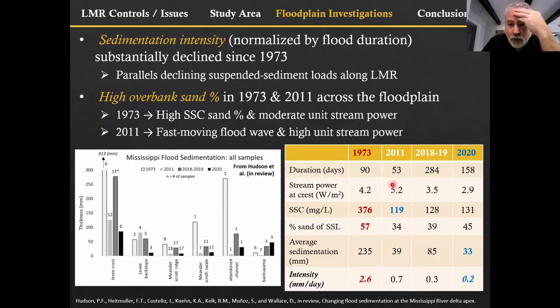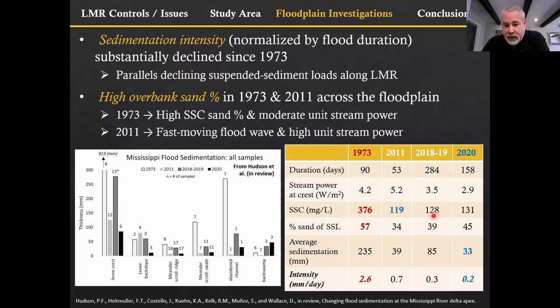We can also see that the more powerful floods here of 1973 and 2011 with higher stream powers would also contribute potentially to more overbank deposition in the case of 1973 and greater amounts of sand in 2011.